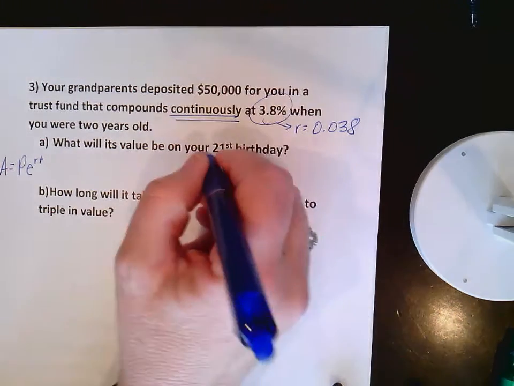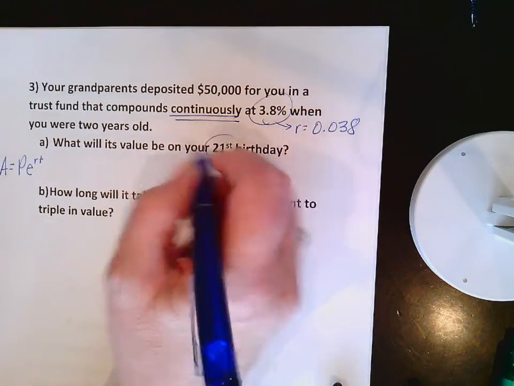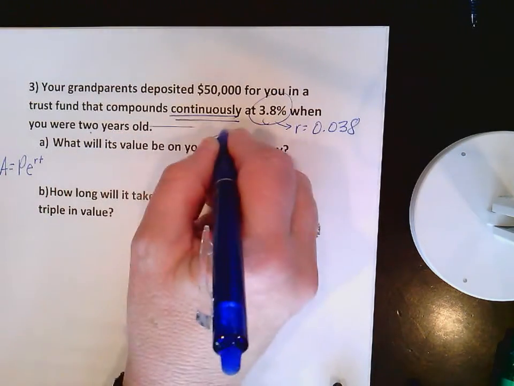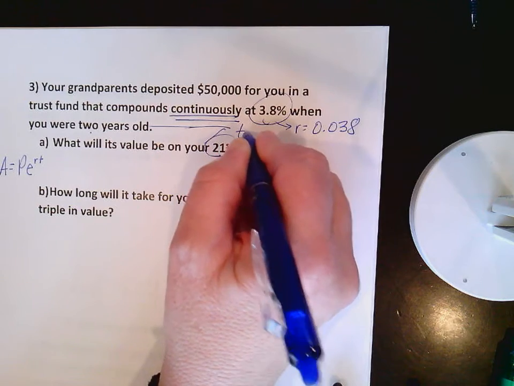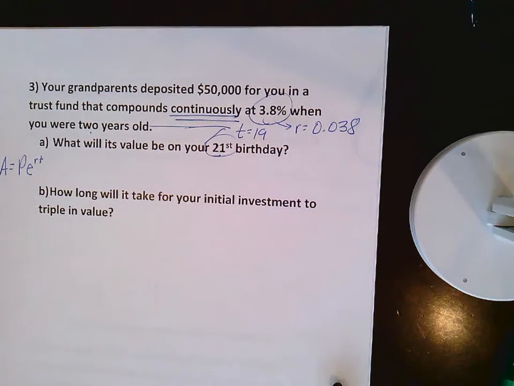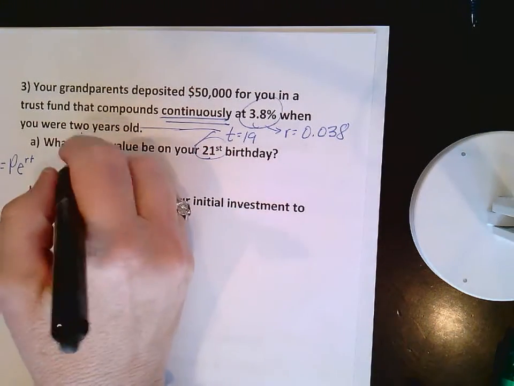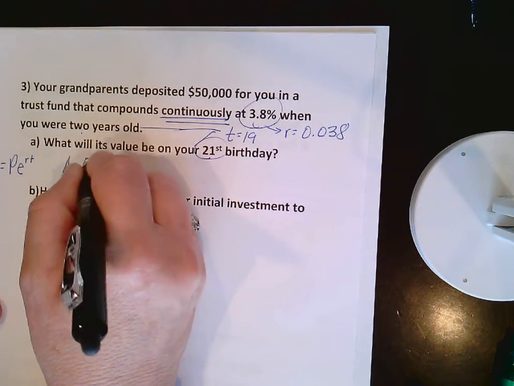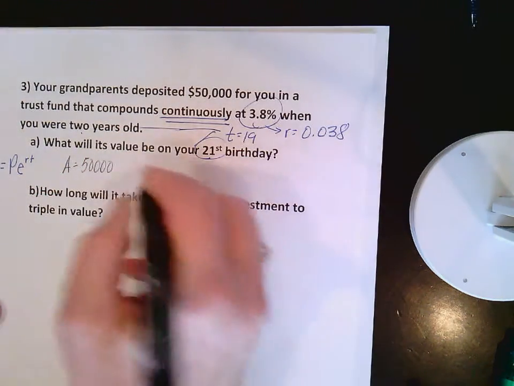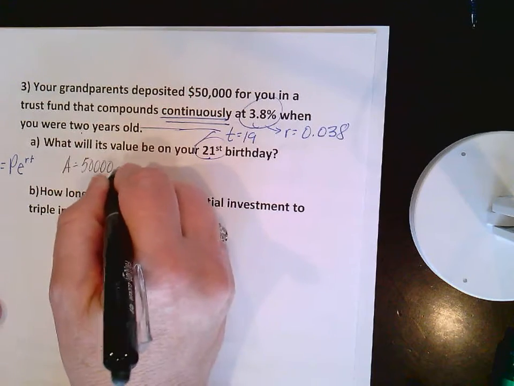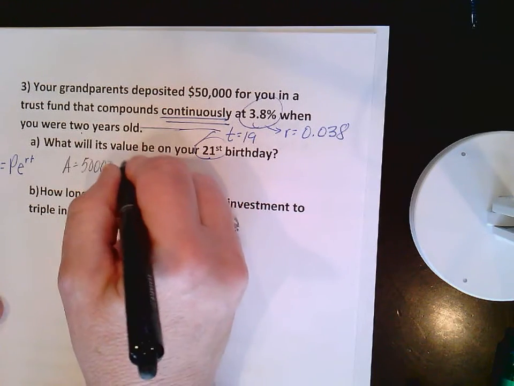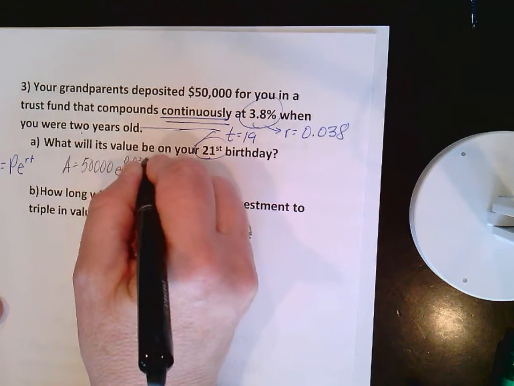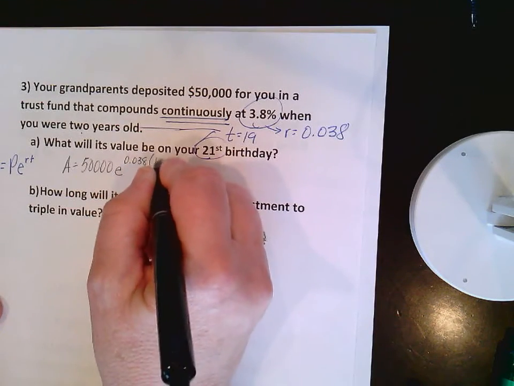Okay. What will be the value on the 21st birthday? Well, if they did it when you were 2, that means that my T is 19, right? It was 19 years from the time they invested it to the time I turned 21. So if I plug all of this in, my amount is going to be my principal, the $50,000, times E raised to the power 0.038 times 19.